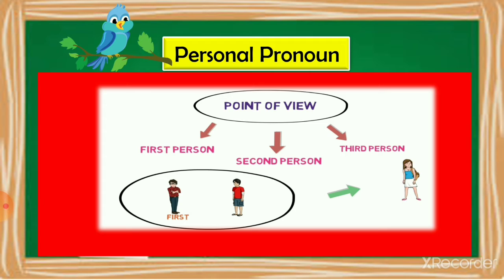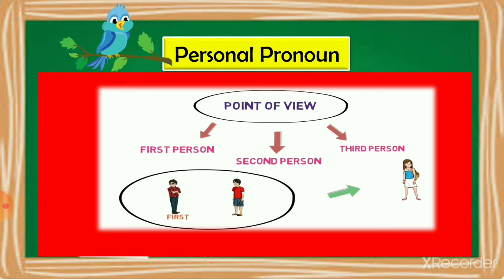Let us take one example. Suppose Ram and Sham are the two boys in a room, as you can see, and Ram is talking to Sham about the girl Richa, who is not in the room. Now, here Ram is talking, so Ram will be the first person.